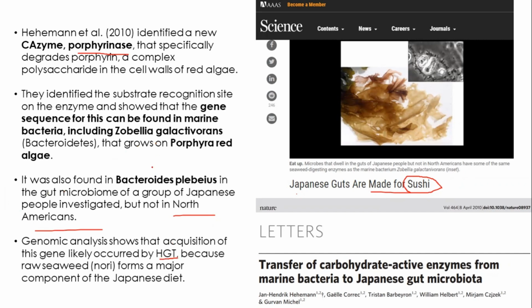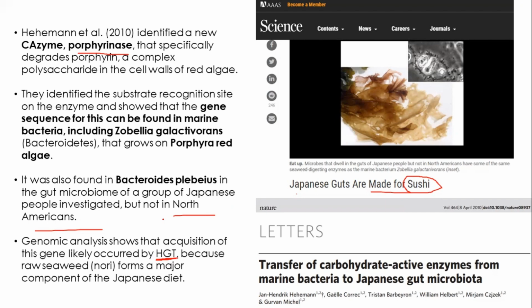Okay, because of the bacteria present on the surface of this particular seaweed. And when the Japanese people might have eaten this seaweed raw, the bacteria associated with it could have given, through horizontal gene transfer, to the bacteria living in the gut of those people, right?